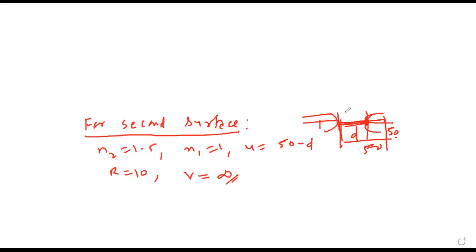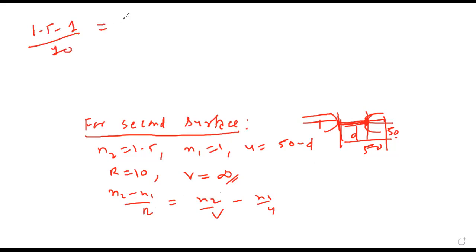The rays emanating from the first become parallel in the second medium, so the image is at infinity. That's why it is parallel. Yes. So n2 upon v minus n1 upon u equals n2 minus n1 upon r. n2 is 1.5, minus n1 is 1, r is 10, v is infinity, and u is 50 minus d.